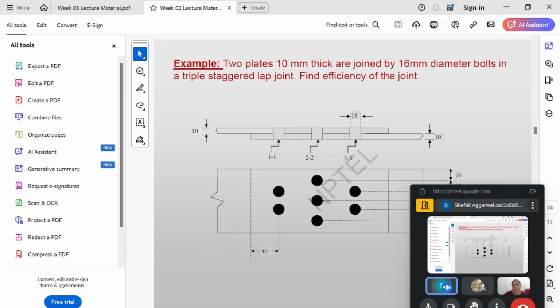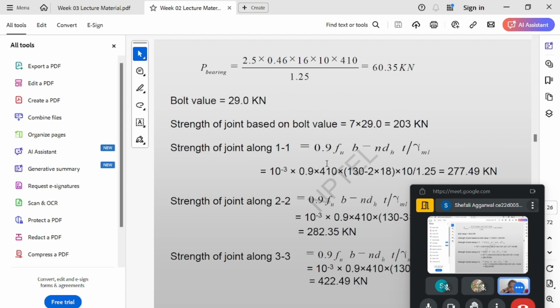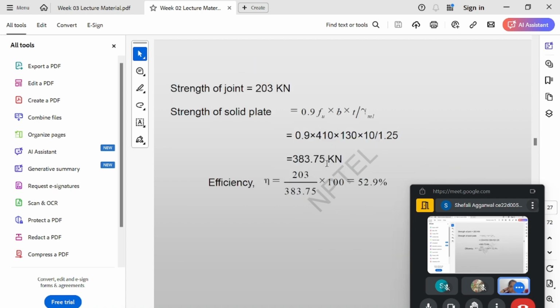If you go to the last page of this explanation. Just a minute, let me read the question. Last slide, you were asking.